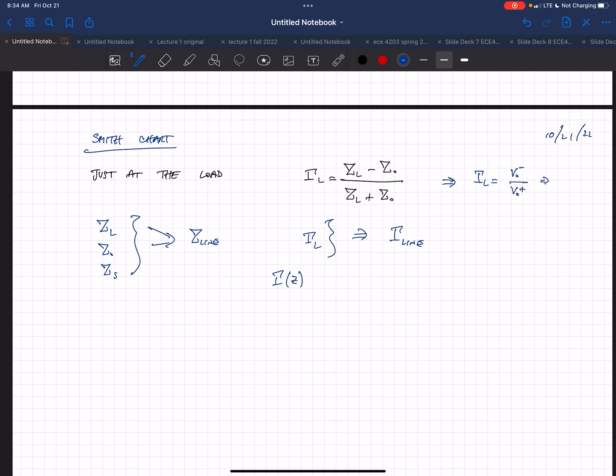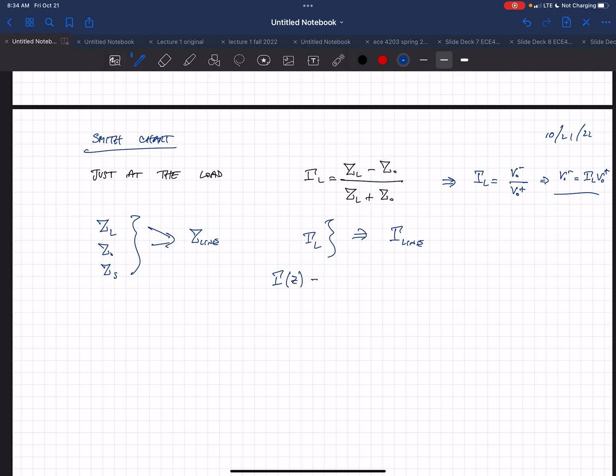This told you that the reflected voltage is some multiple of the transmitted voltage. Sorry, that was the load reflection coefficient, right?